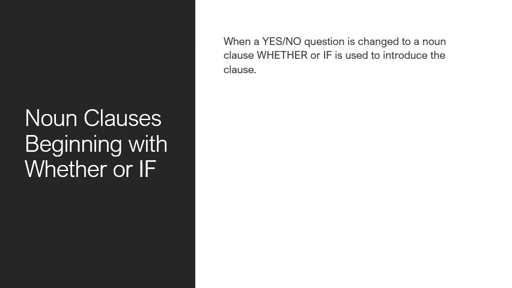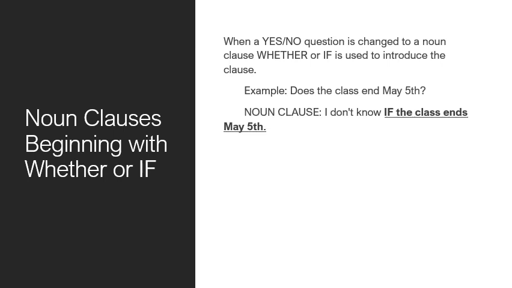For example, if you have the question, does the class end May 5th? You can change that to a noun clause by saying, I don't know if the class ends May 5th. Remember, you are not going to use an auxiliary in the noun clause. A noun clause is different than a question.